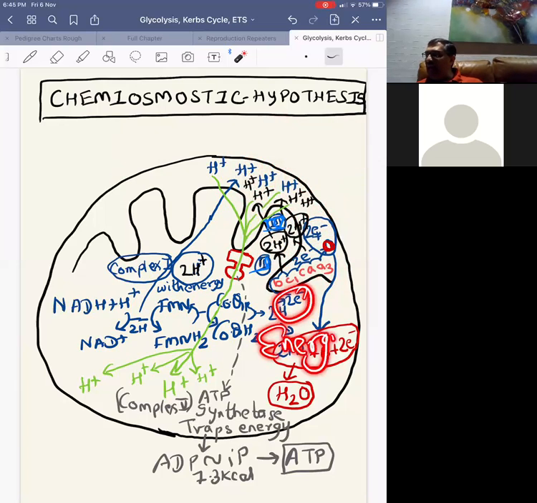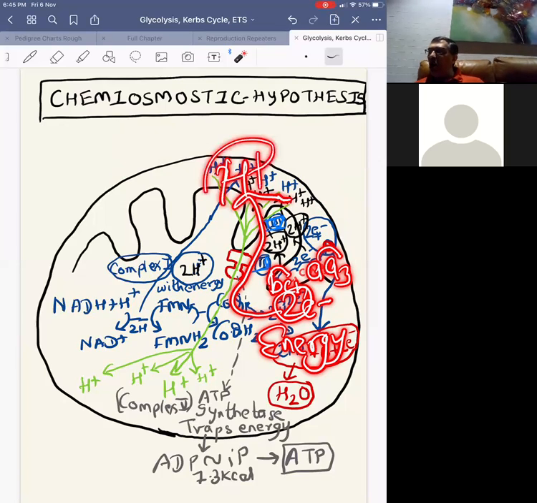Energy was there in electron, but from electron, between B and C1 and later between A and A3, where has energy gone from electron? From electron, energy has gone into proton.